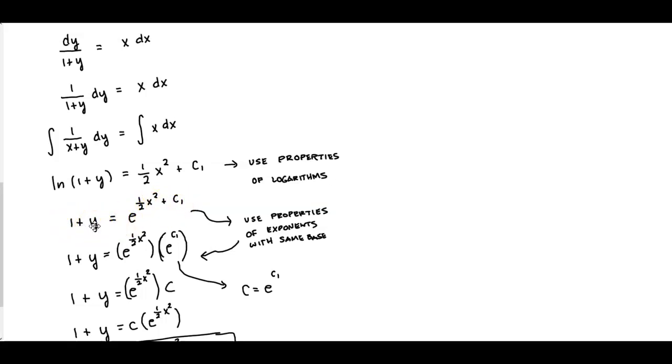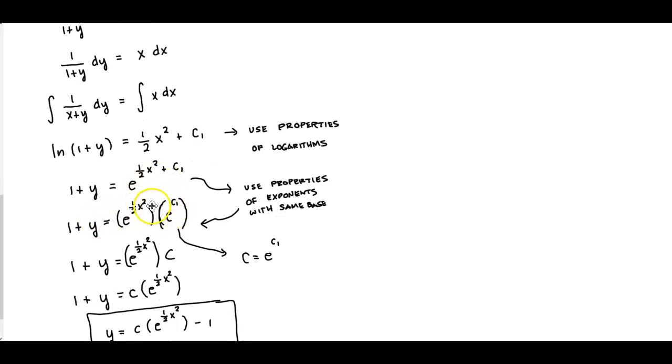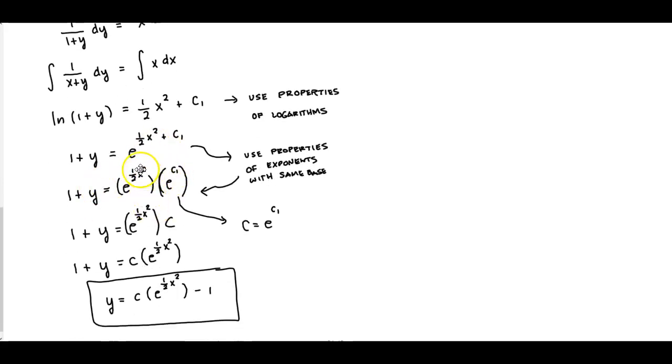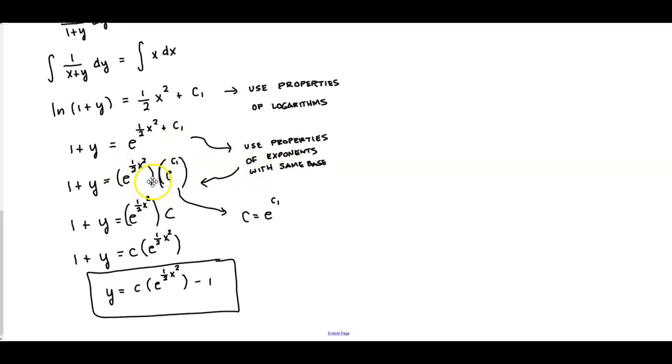Now we're going to start using more of our algebra. Since this is e to an exponent plus another exponent, we're going to use properties of exponents with the same base, so we're going to separate this using multiplication. So you're going to have e to the 1/2 x squared times e to the c1.